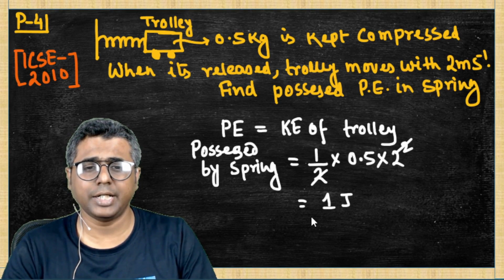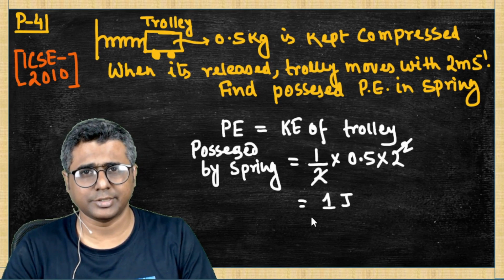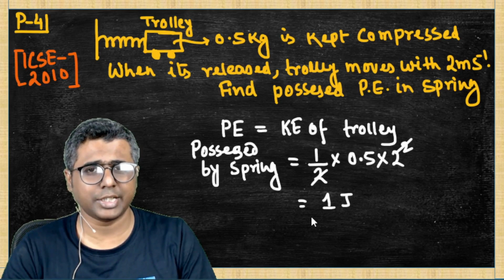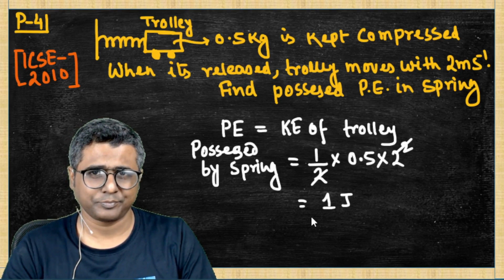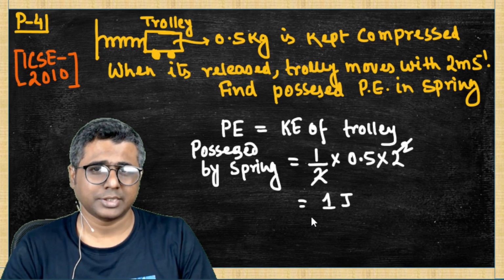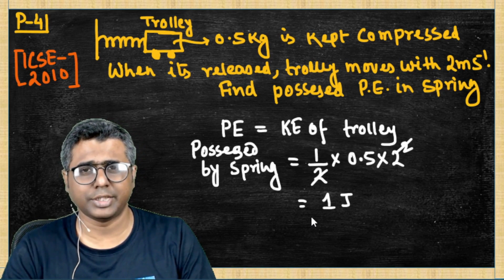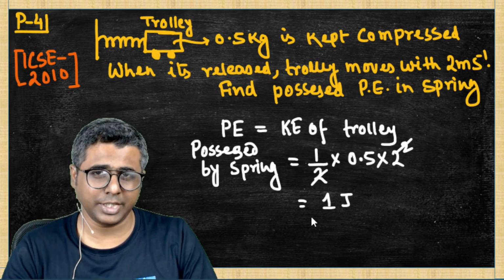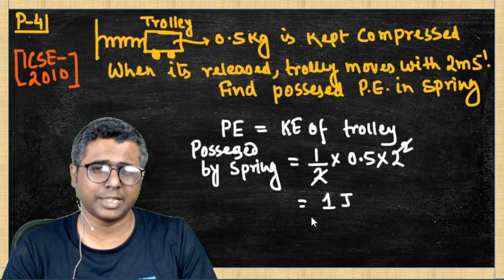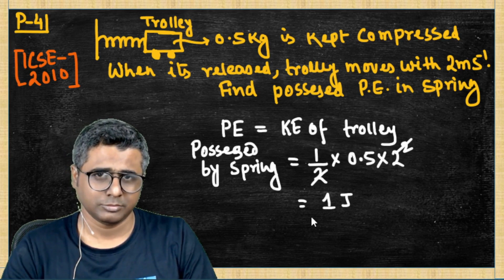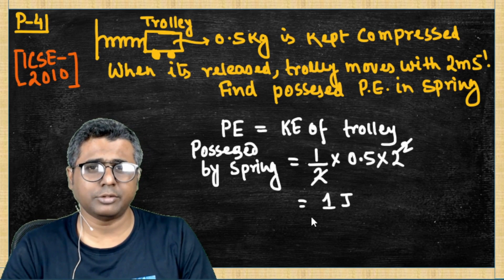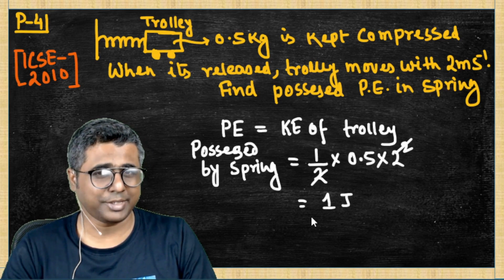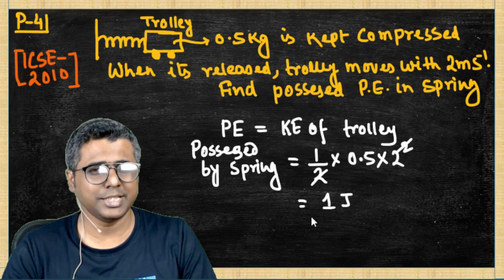The concept behind it is potential energy gets converted to kinetic energy, because the summation of potential and kinetic energy remains the same. That concept was nothing new in 2010 also. Today you may think that this 2010 problem is there in my textbook, so it is an easy problem. What's new in it? Nothing new. It was new in 2010, but the concept was old. PE is equal to KE.